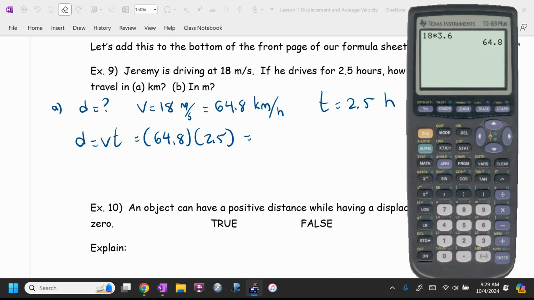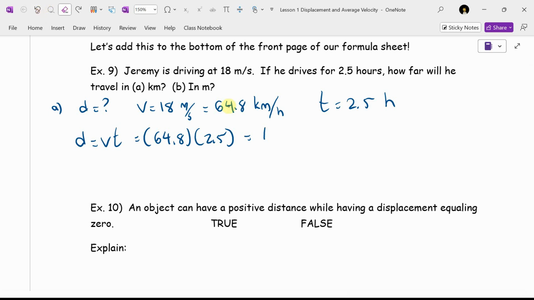This is what you do when you're driving on a road trip and you're just, how far have we gone? Well, we've driven this fast for this long. Oh, 162 even? Yes. Units? Good.